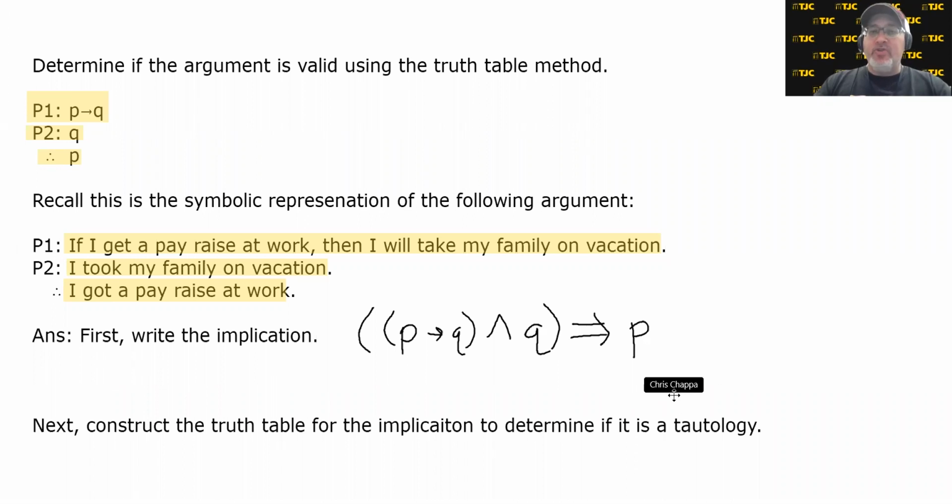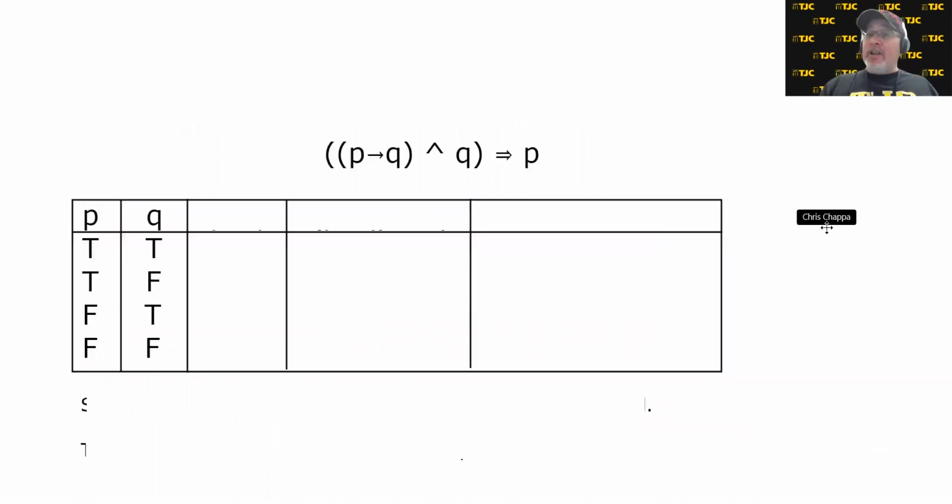Next, construct a truth table for the implication to determine if it's a tautology. As you can tell, I've already got the truth table ready to go with the implication above it. So we haven't done a truth table lately, so let's go through all the details on this one. First, we use the hierarchy of logical connectives to determine the order in which to build the columns.